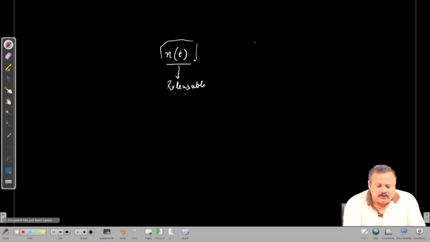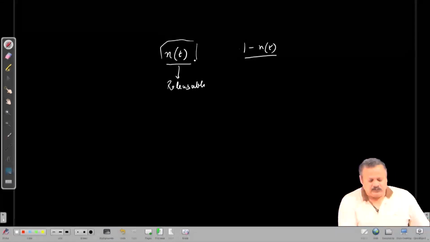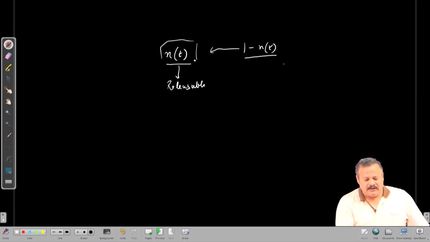So in a simpler model, 1 minus n(t) is the pool that is driving the process towards n(t), that is from the non-releasable pool to the releasable pool.